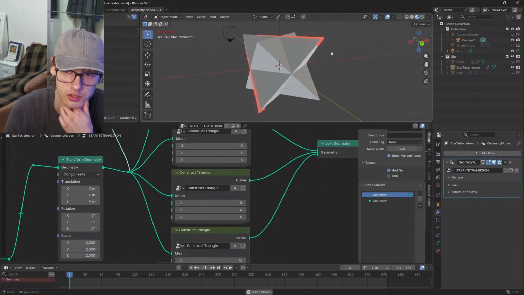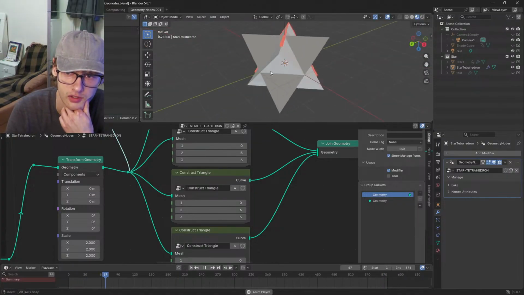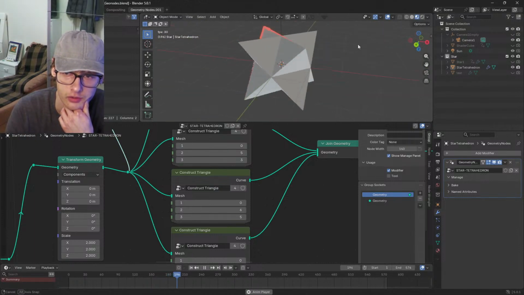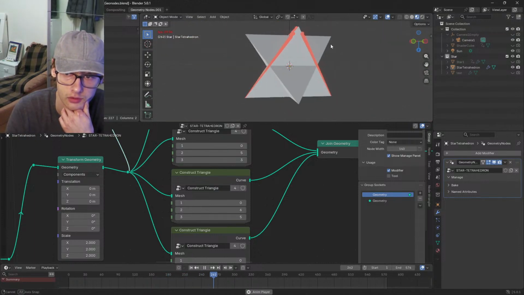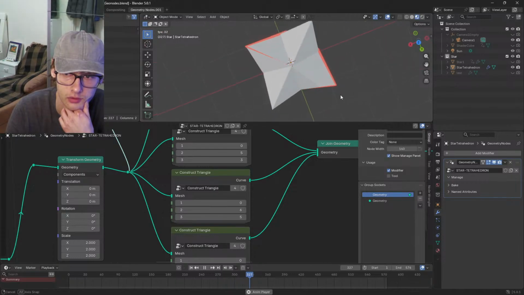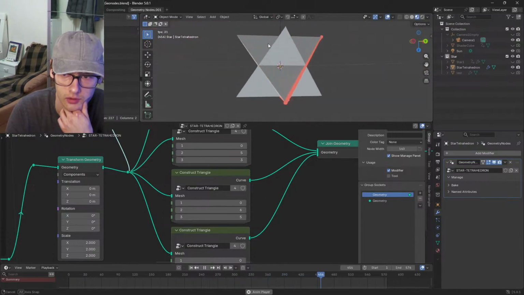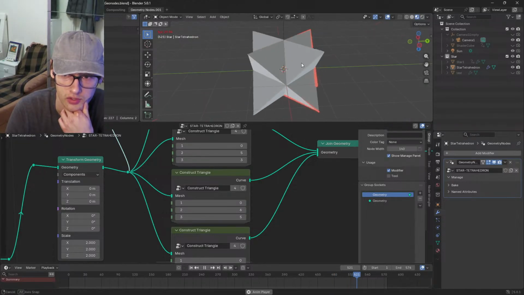So should I try to duplicate the same pyramid but with different corners in focus, and will that look cool? I don't know. There's a lot of possibilities here.